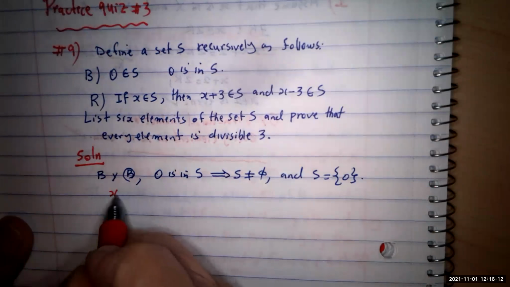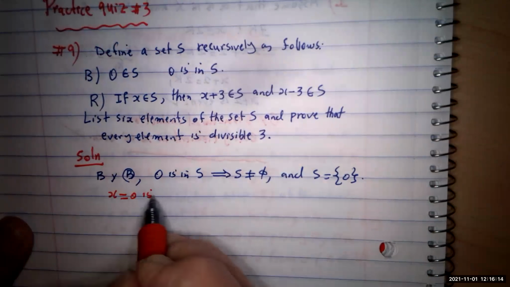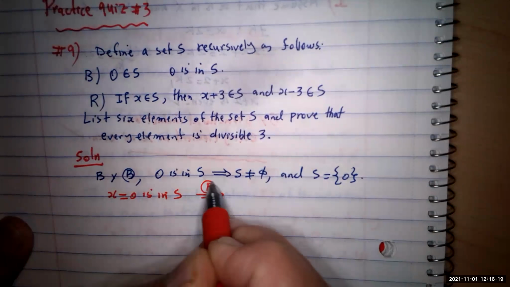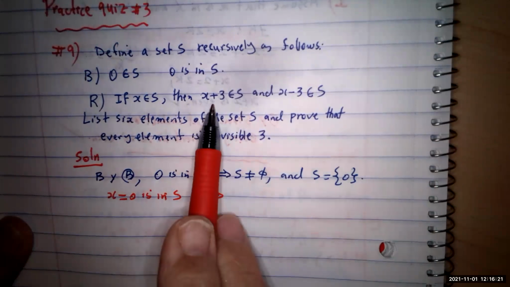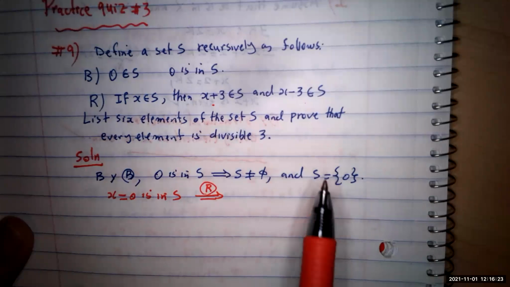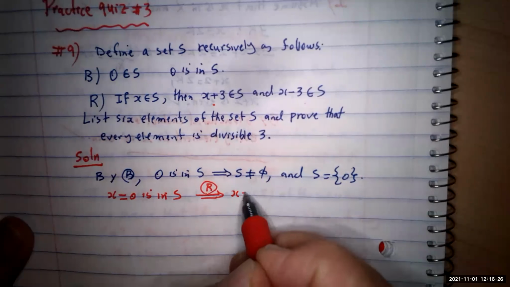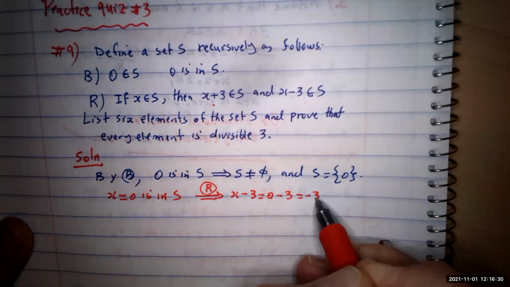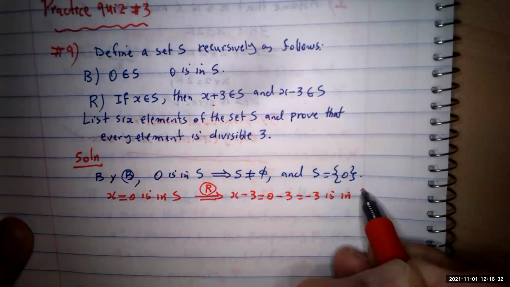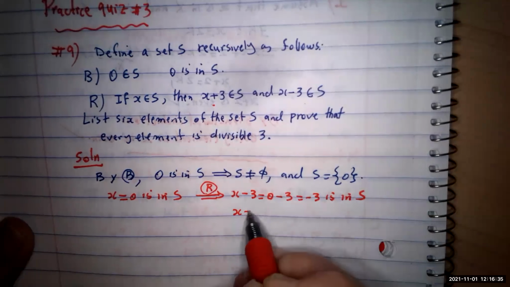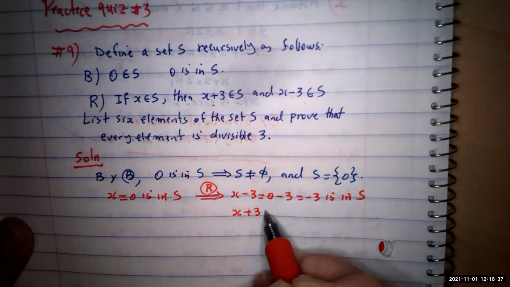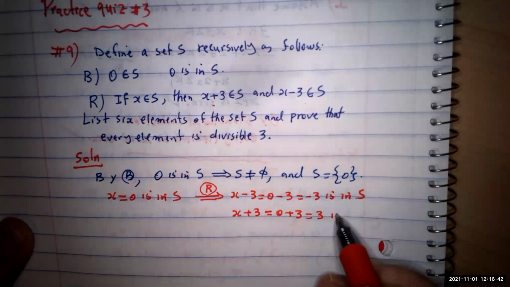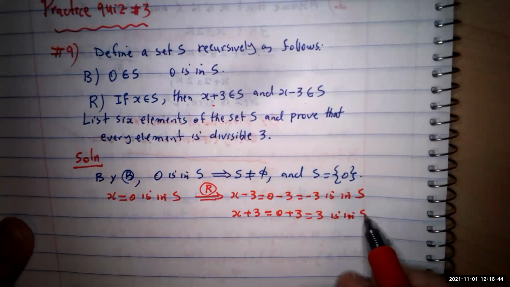X equal to 0 is in S, by the recursive part, X plus 3 and X minus 3. X minus 3, which is 0 minus 3, is negative 3, is in S, and X plus 3, which is equal to 0 plus 3, equal to 3, is in S.